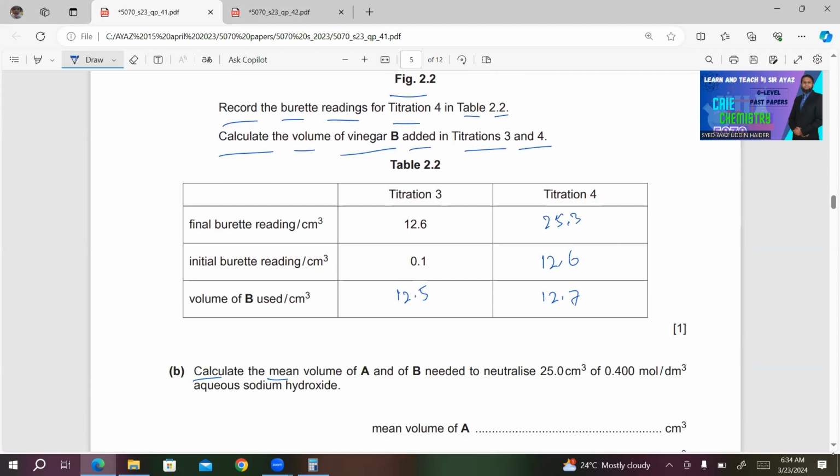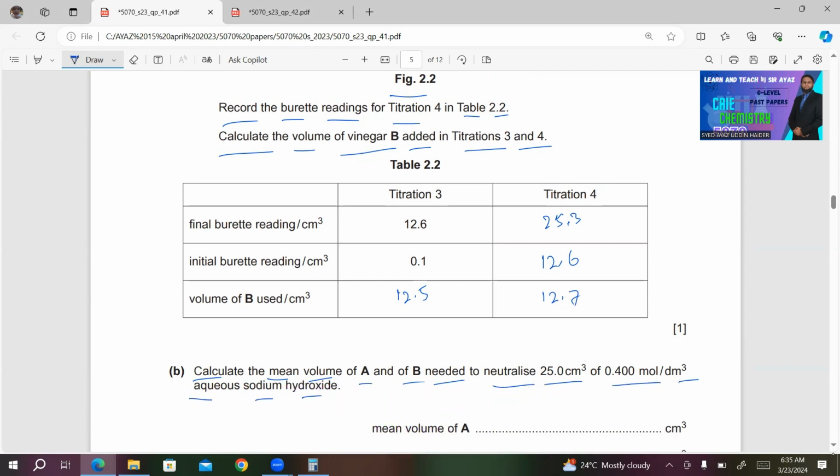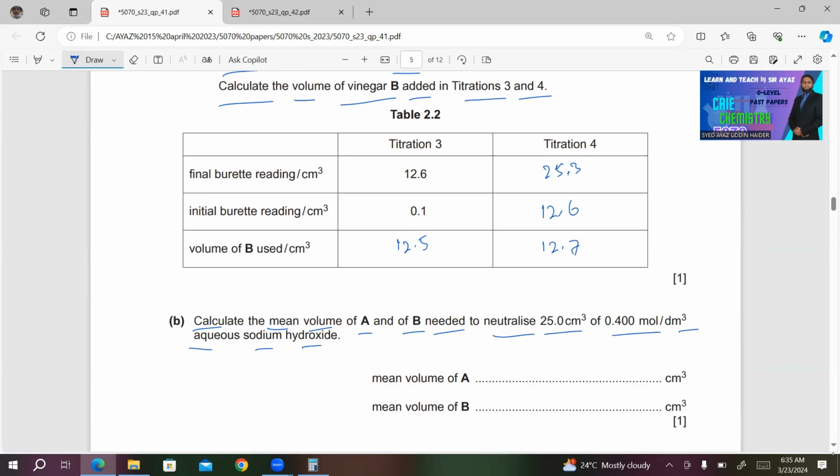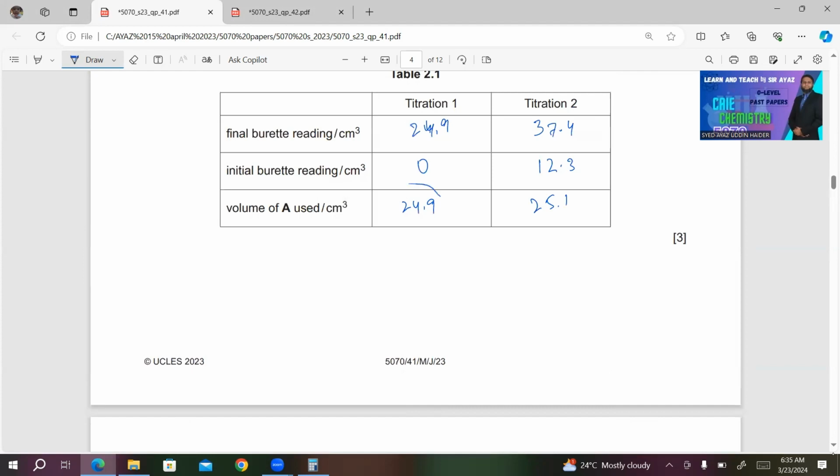Calculate the mean volume of A and of B needed to neutralize 25 centimeter cube of 0.4 mole per dm cube aqueous sodium hydroxide. Mean volume of A: we have 24.9 and 25.1.